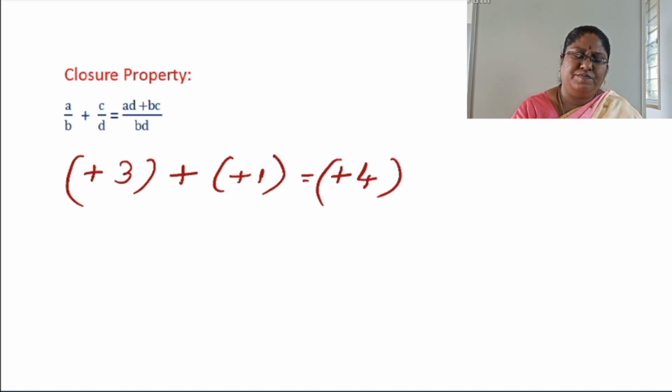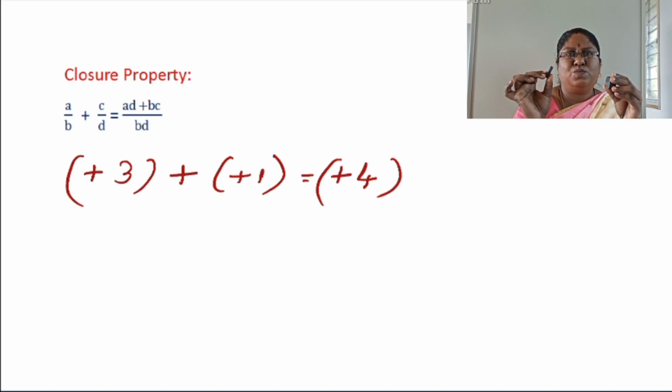Now consider 3 black coins. Represent each black coin as minus. 1, 2, 3. Have this in one hand. Another one black coin I am taking, so this is minus 1. Now join this, and the joining you denote by plus.